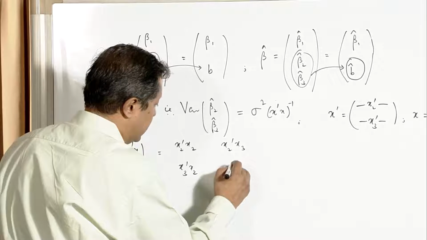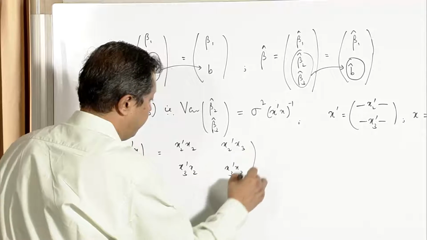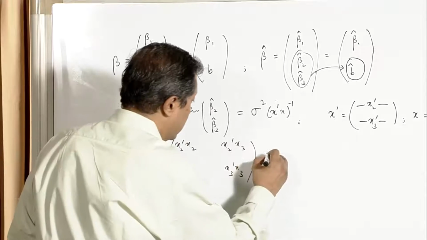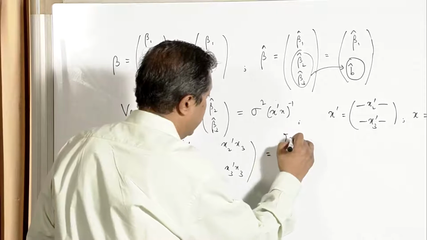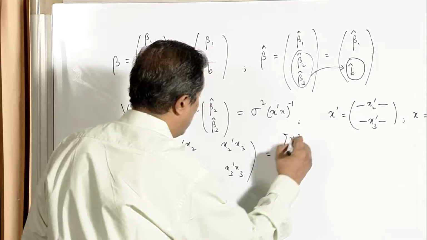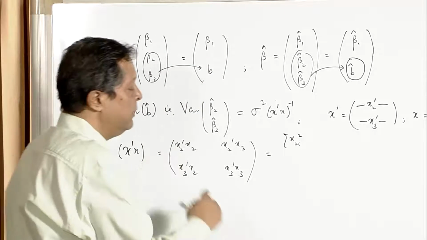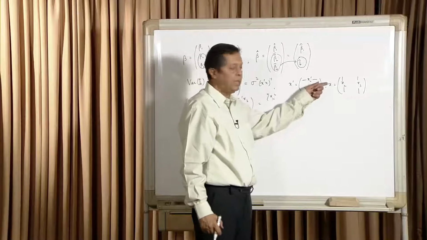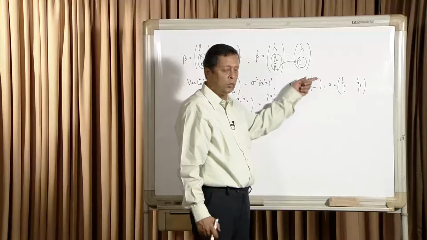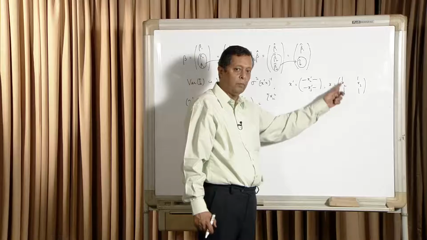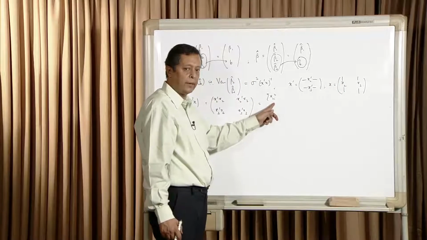The first entry is equal to summation x2i square, because x2 prime is the entire row of observations on x2 and this is the same thing in column form. So, it is x2i square.